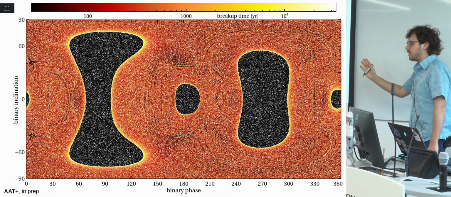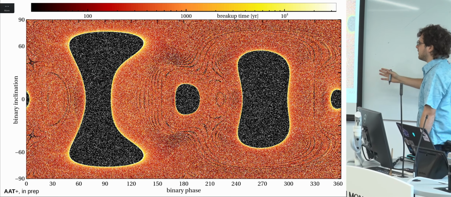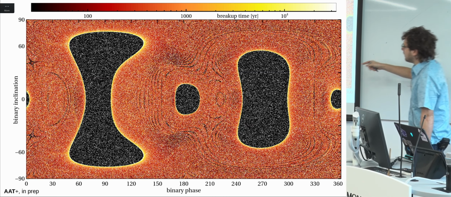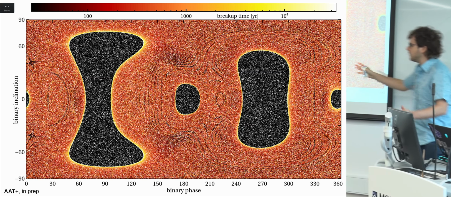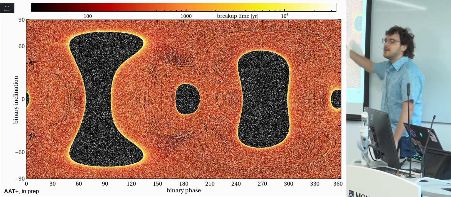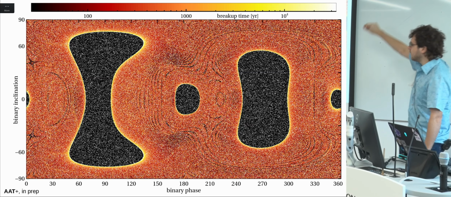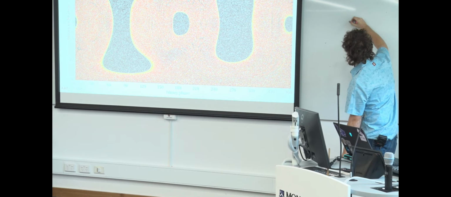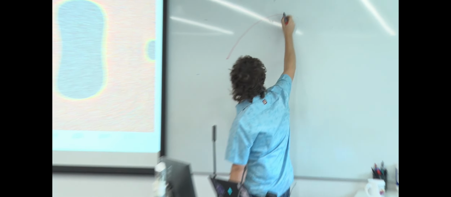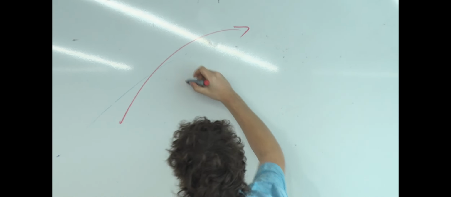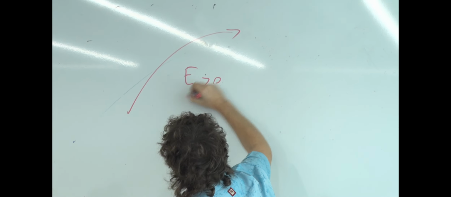There is a smooth mapping between phase and inclination and the final energy of the single that escapes. So here the single escapes, it gets positive energy, and the system breaks down.